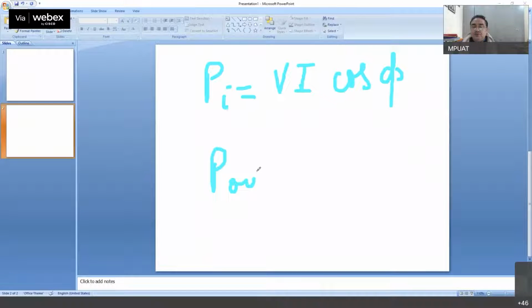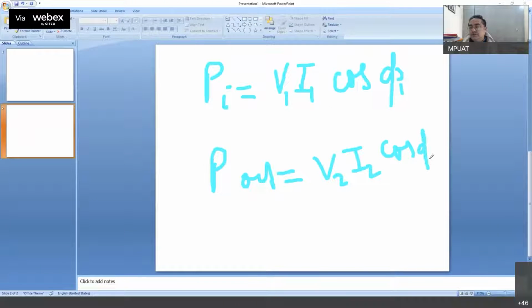So P output will also be something. This is V1, I1 cos phi 1. So this is V2, I2 cos phi 2. So ideally I say that P input is equal to P out.